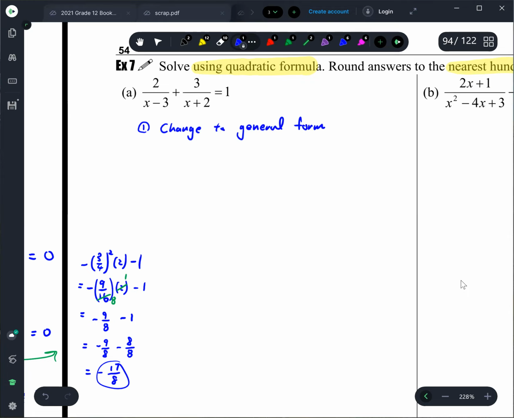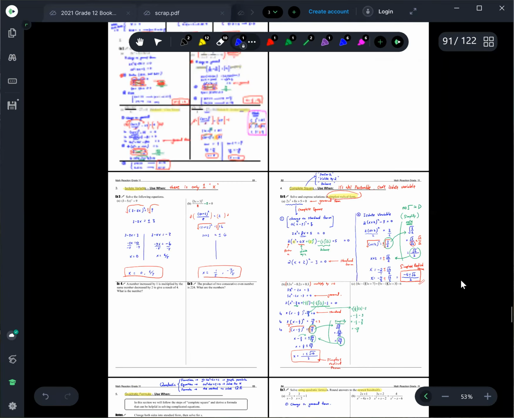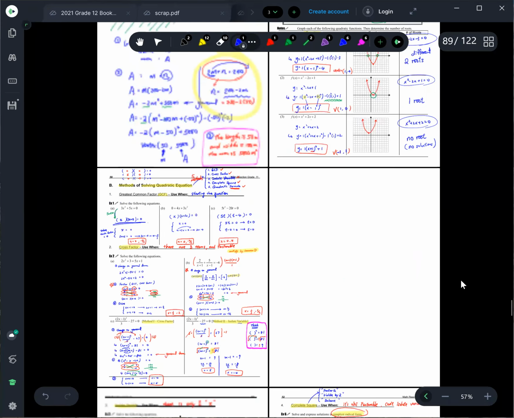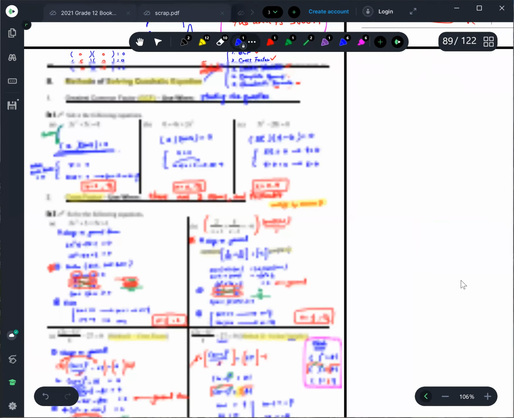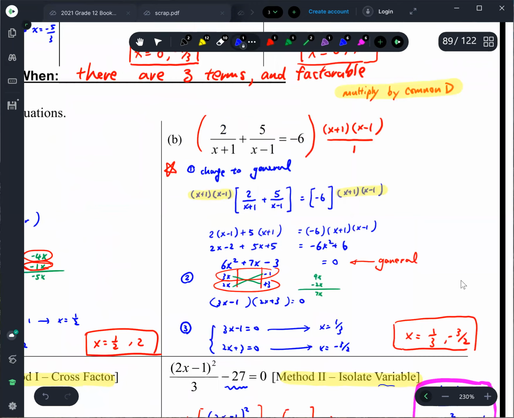And how do we do that? Have we seen something like this before, changing to general form? We did something like this. If you go back to page 50, question B.